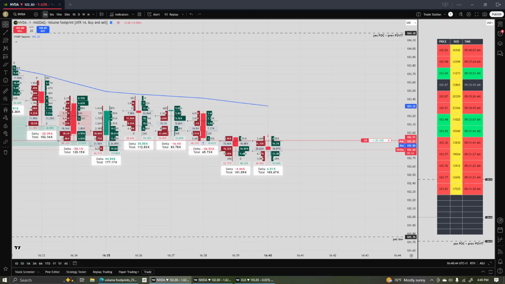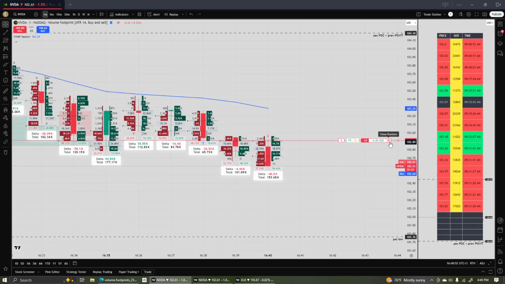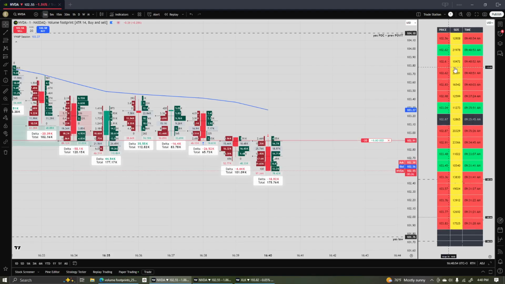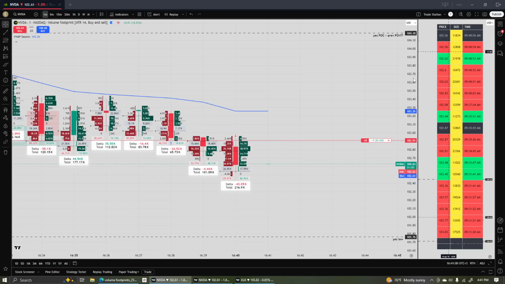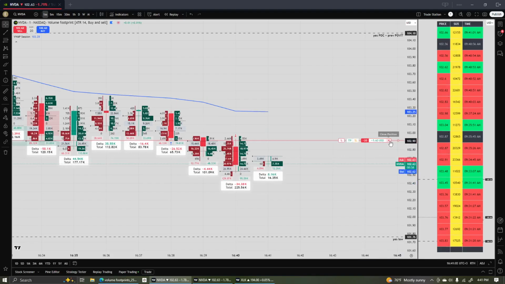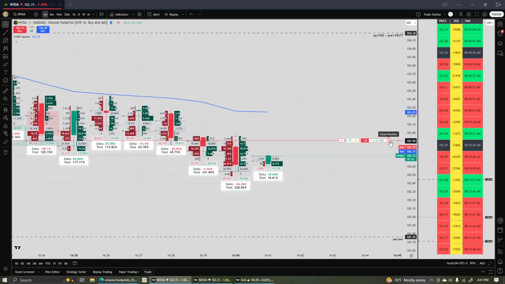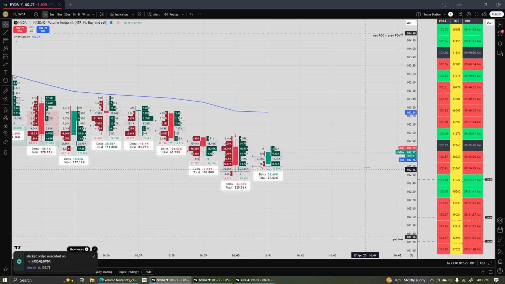The EMA is at 102.5. Okay. The one big buy order, lots of sell orders. What is this gray order? 5.56. 5.6 is the EMA, so not gonna mess with that.